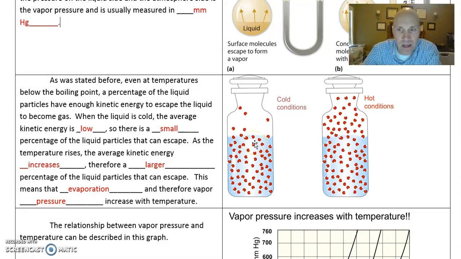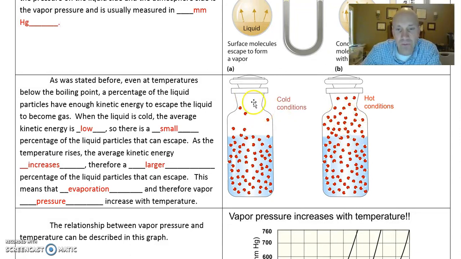So there's only going to be a very small percentage of those water particles that have enough energy to escape the surface and become part of the gas layer above that liquid. By contrast, when it's a hot liquid, these things are moving around a lot faster, and there's a larger percentage of these water molecules at the surface that can escape the surface and become part of the gas.